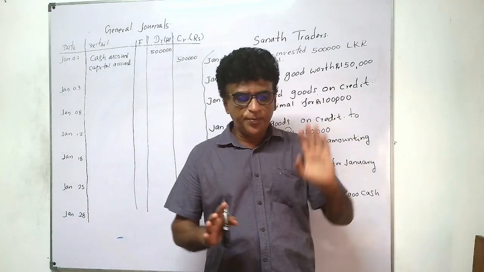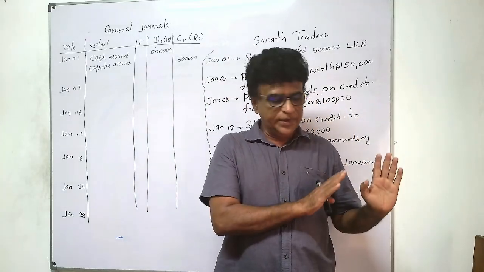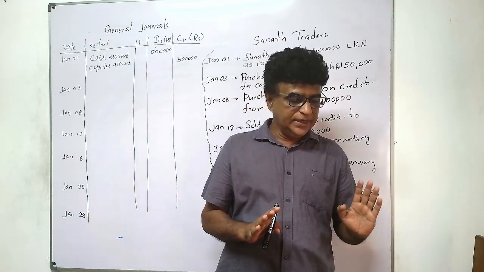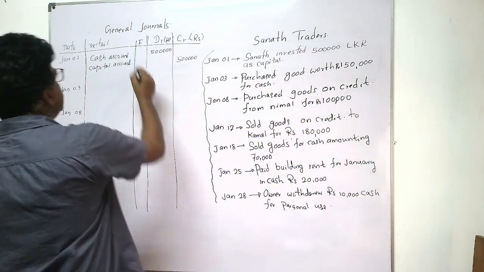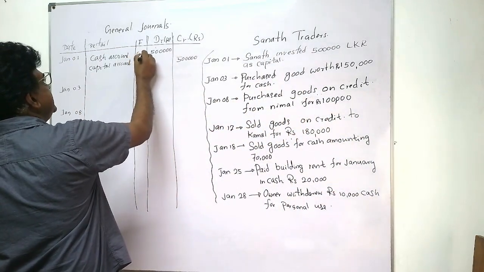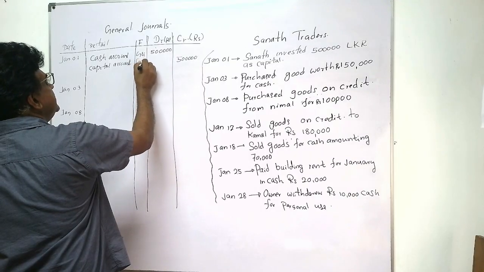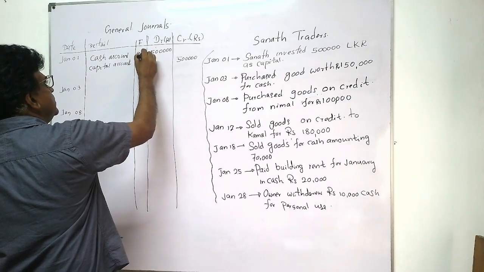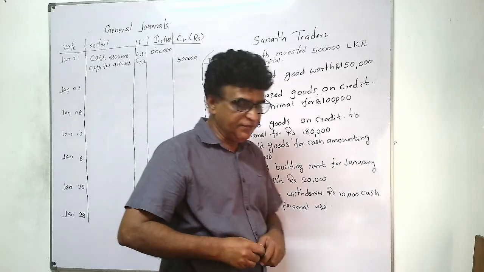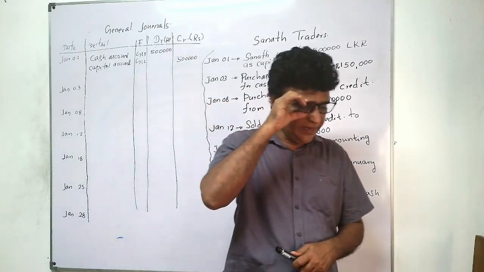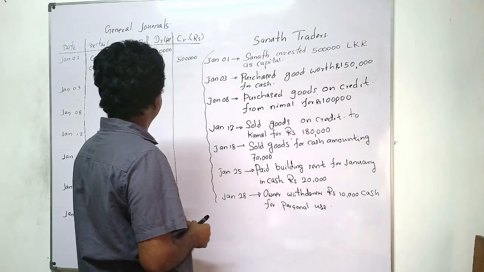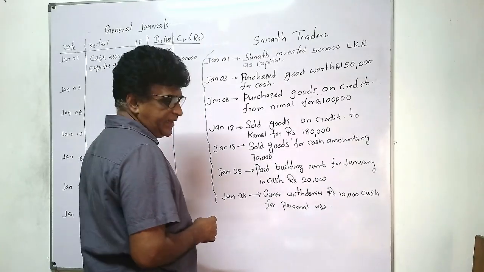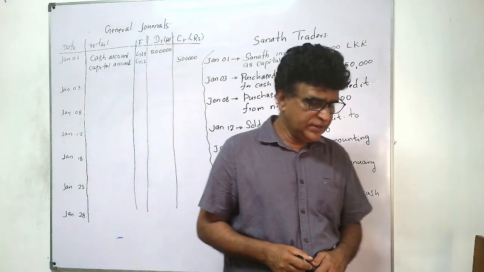Now they have spent 150,000 from that capital to purchase goods, right? Here we'll put the account references, GL1, GL2, right? That is the reference. Which account is to be credited, which account is to be debited? The debit account is the purchase account, right?